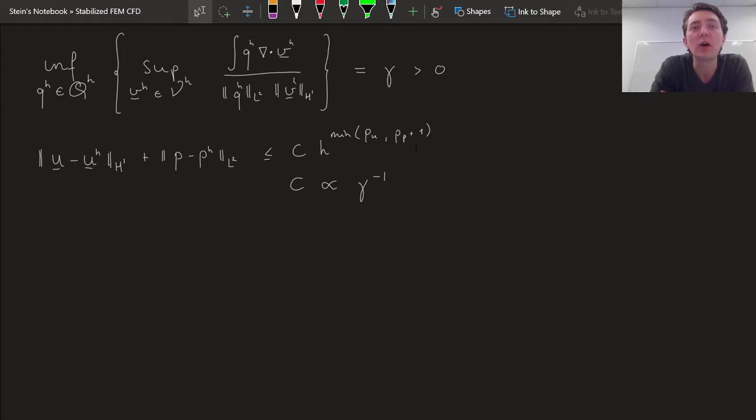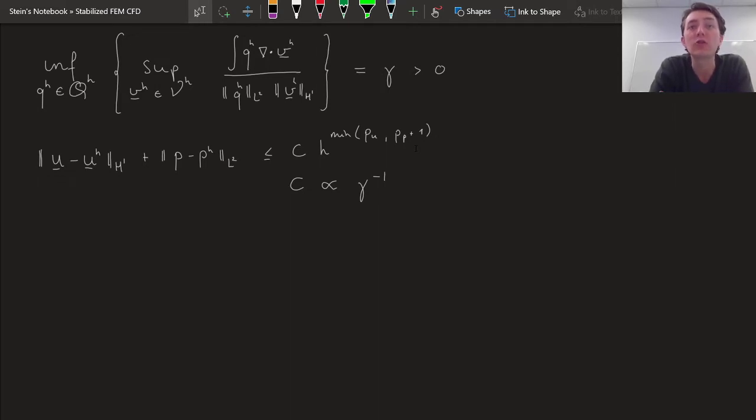We've seen this before also for the advection diffusion equation, and for the advection diffusion equation we saw that based on the coercivity constant, this constant C here shifts up or down in our error graphs. And in a very similar way, we now have also an inverse proportionality with respect to the gamma value. Meaning that if we have a large gamma value, then C is small, which gives us a tight bound on our error.